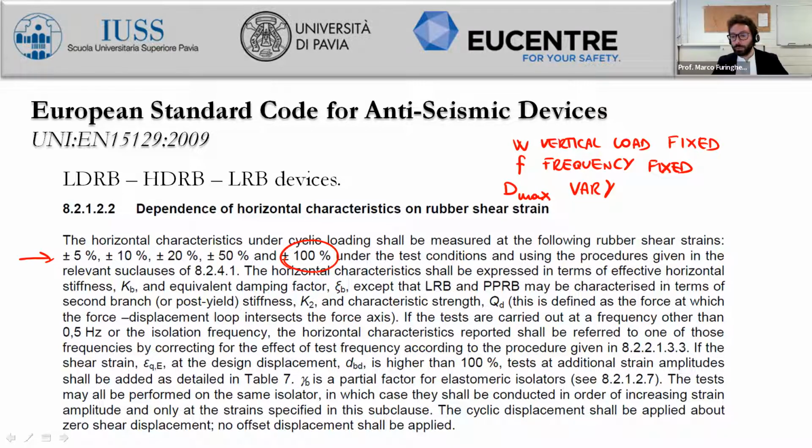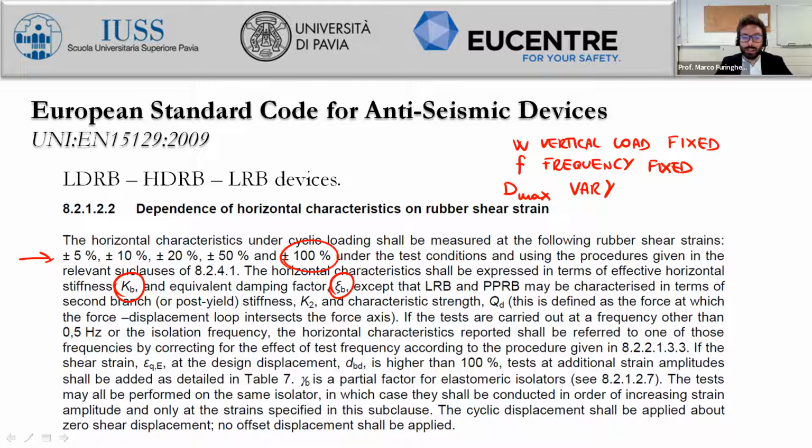So what we can observe is, you see, everything is listed here. The horizontal characteristics can be the effective horizontal stiffness, KB, and the equivalent damping factor, the equivalent viscous damping. The equivalent stiffness is the stiffness computed at maximum displacement, the secant stiffness at maximum displacement.